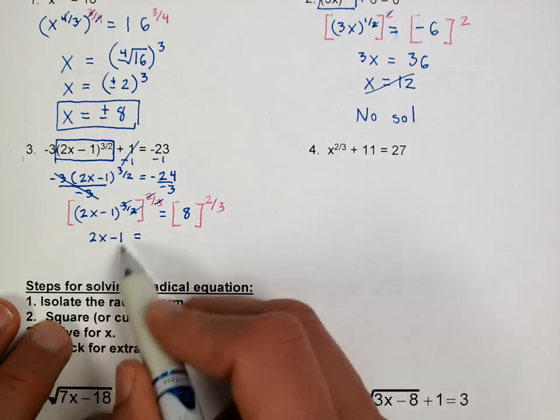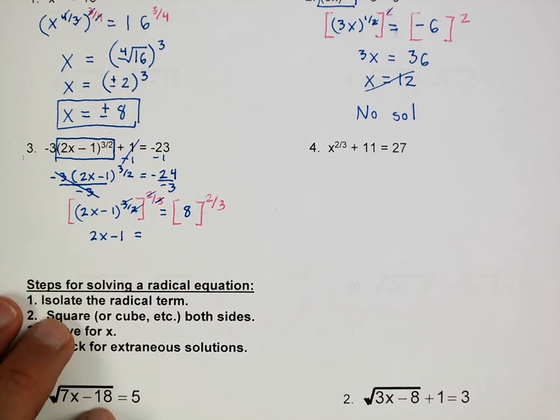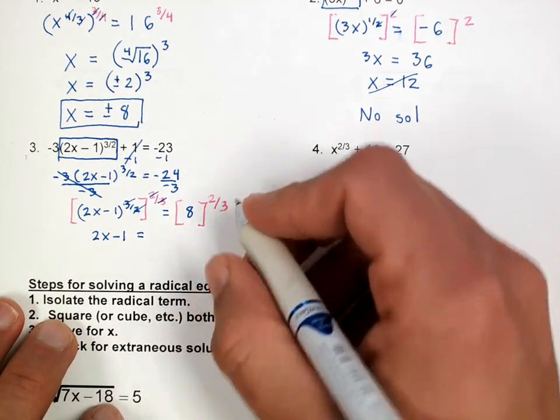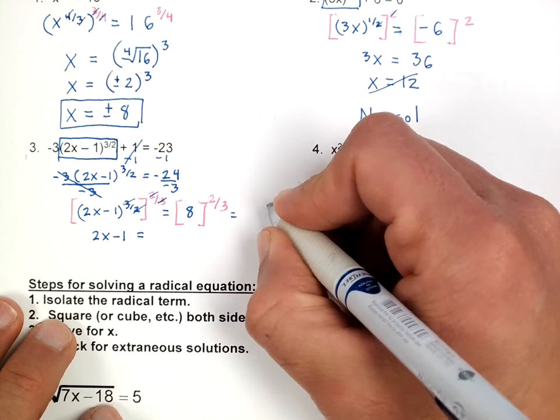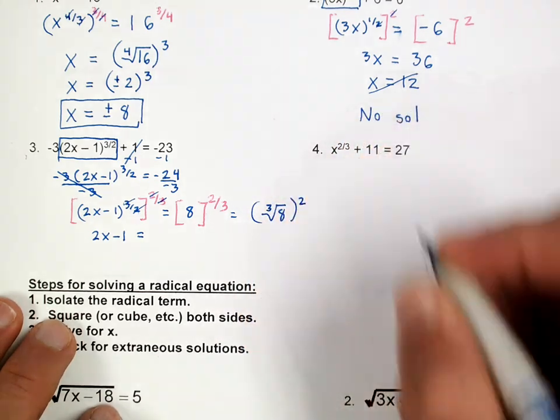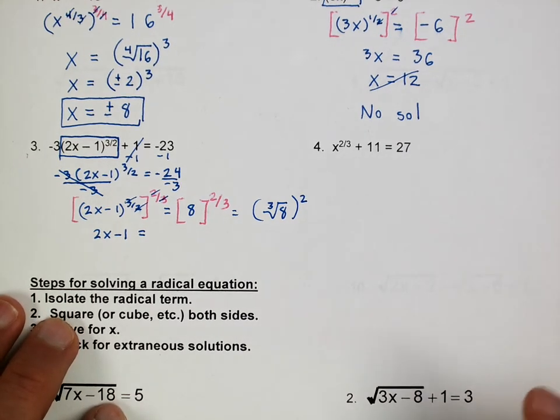So this would be all of this to the first power, which is just itself. And now 8 to the 2/3, this is the same thing as having the cube root of 8 squared. The cube root of 8 is 2, and 2 squared is 4.